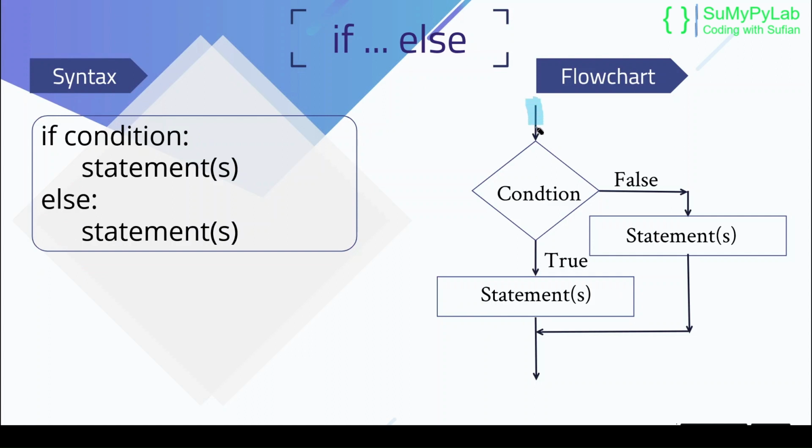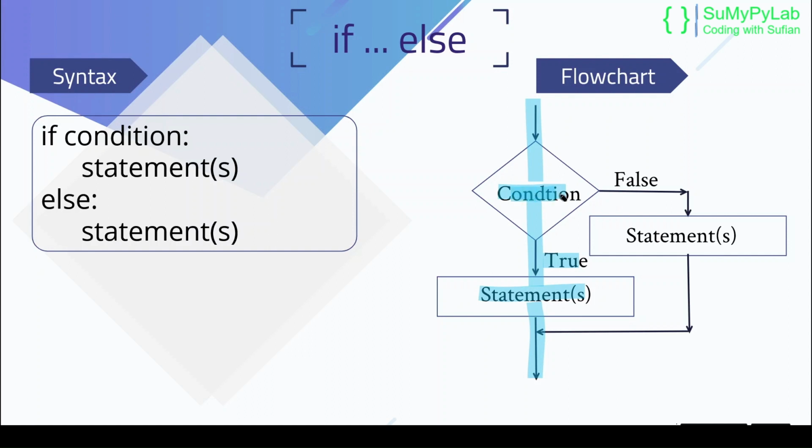Now look at the flowchart here. The control of the program reaches the if-else construct, and the condition is checked first, and if this condition is true, then the control of the program enters this block of code and the codes are executed, and the control of the program goes to the immediate next statement after the if-else block.